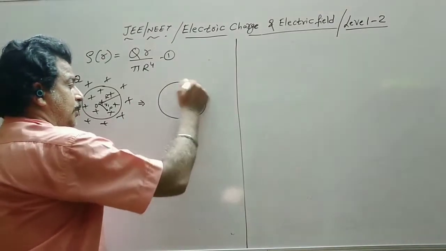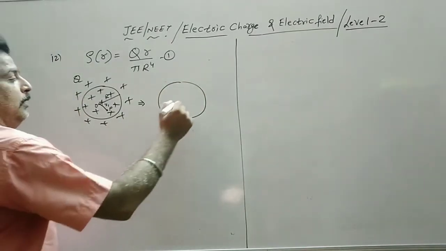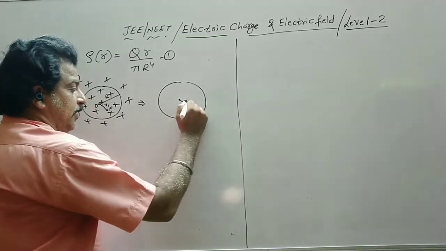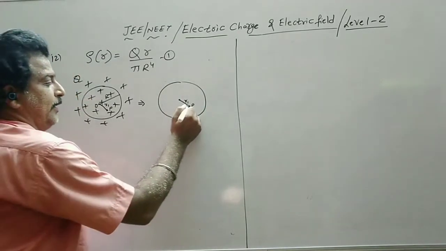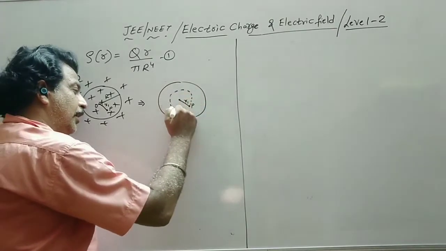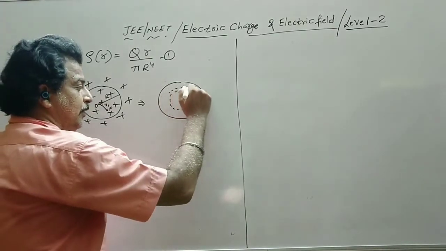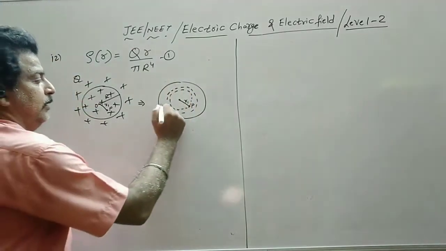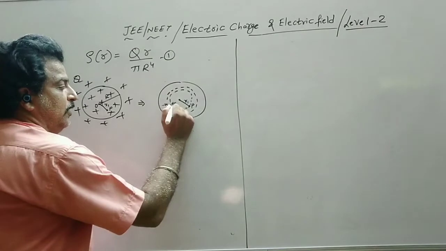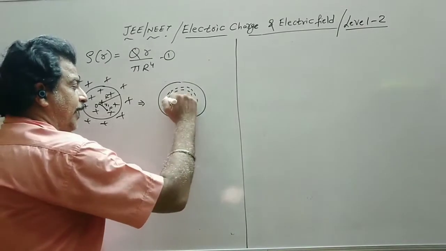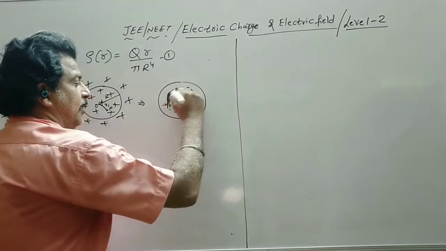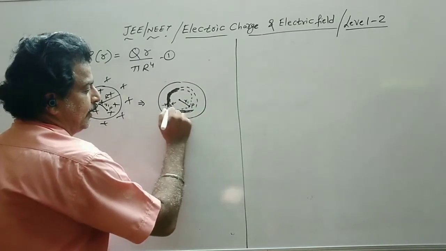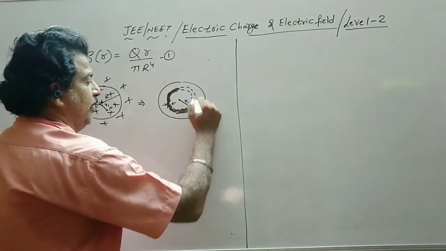Now I draw this diagram. Now this is point P. This is r1. So let us assume a Gaussian surface having the thickness dr. So we are assuming this as a Gaussian surface of some thickness. This is the thickness because it is a solid sphere.